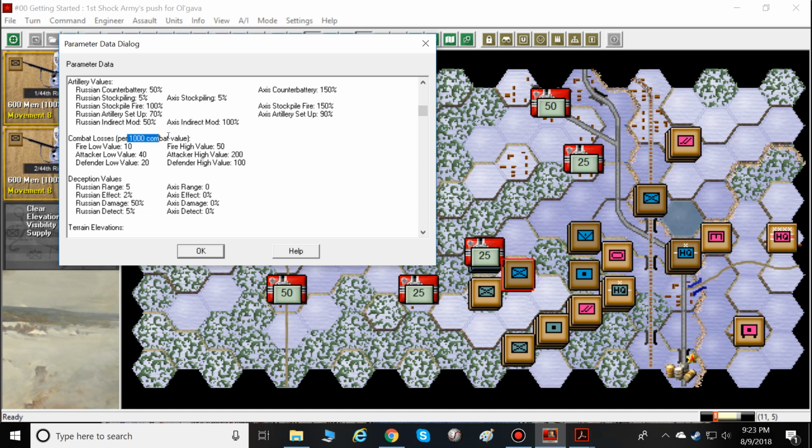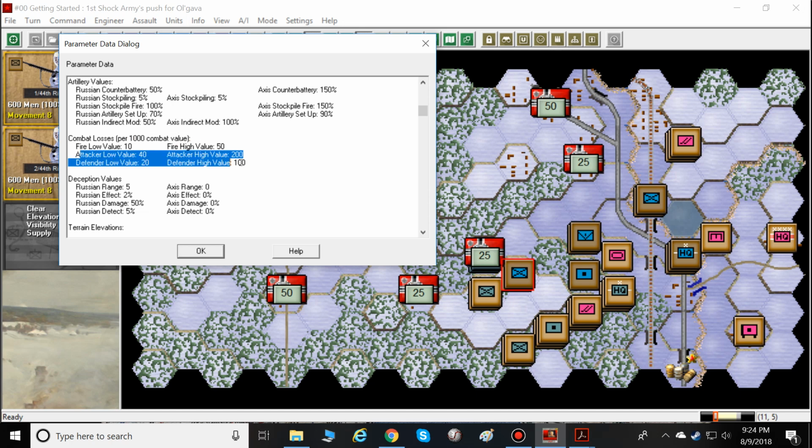If you had 1,000 combat value and you were going to do a normal direct fire attack, you would do between 10 and 50 losses to the enemy with 1,000 combat value. Now, getting 1,000 combat value is going to be extremely hard. You're not going to have that much. So we're only going to do between maybe 1 and 5 kills, men losses, because we're going to have about 100 combat value, which we'll talk about later on.